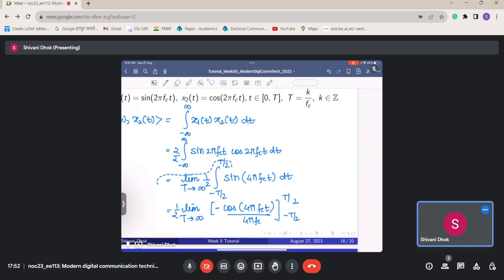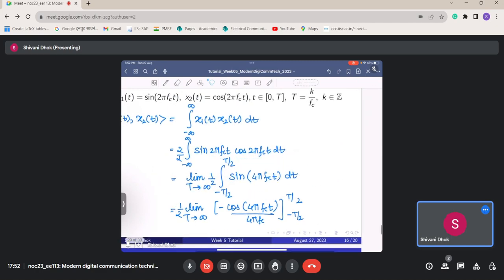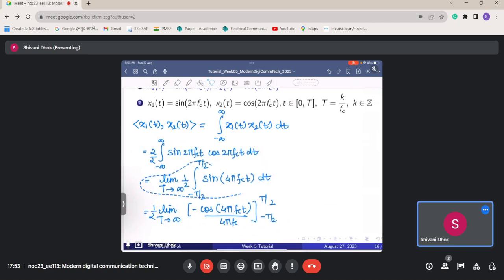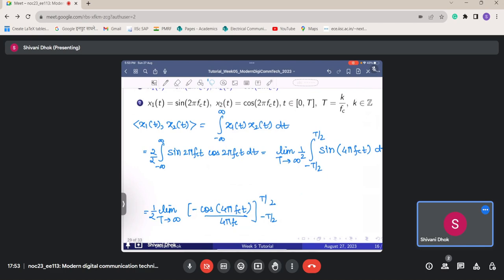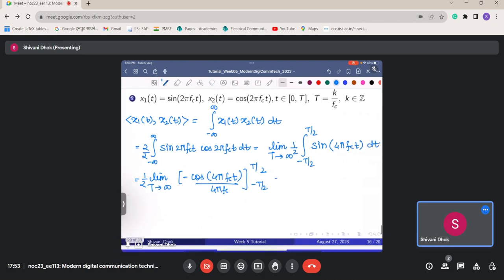And this thing is equal to minus 1 by 2, limit T tending to infinity, cos of 4 pi fc T by 2 minus cos of 4 pi fc into minus T by 2.